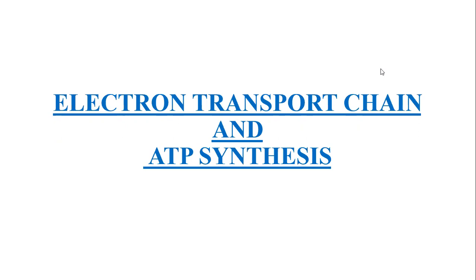Whenever glucose molecule is taken by our body as a part of food, it enters into glycolysis, where this glucose molecule is converted into pyruvate. After conversion into pyruvate, it is converted by pyruvate dehydrogenase complex into acetyl-CoA, which enters Krebs cycle.